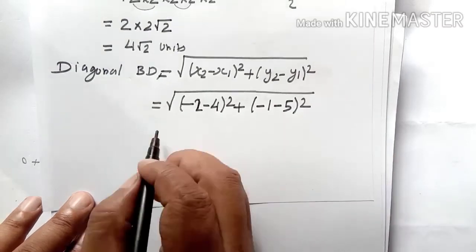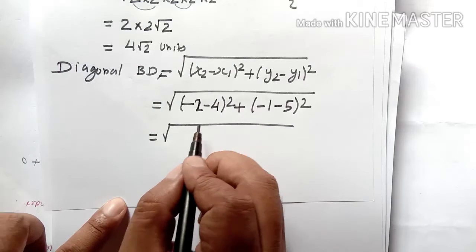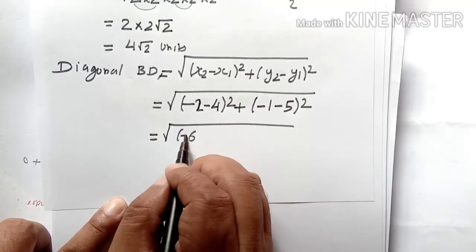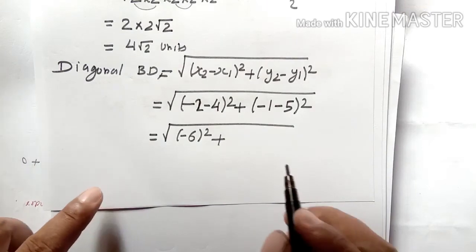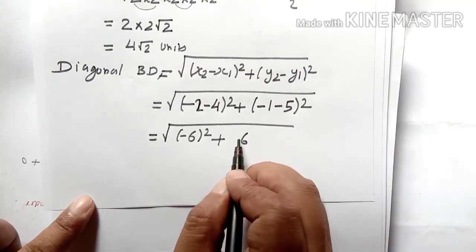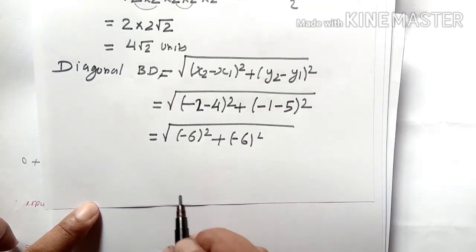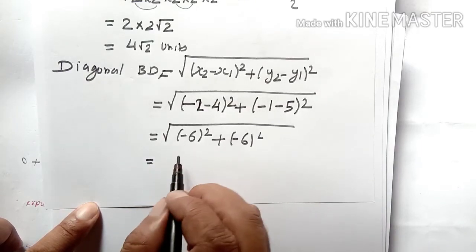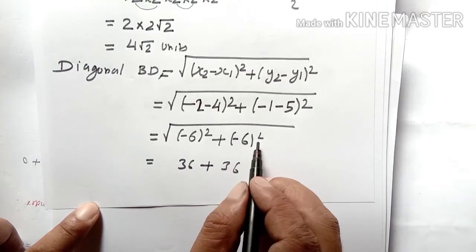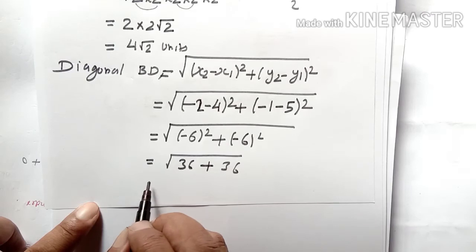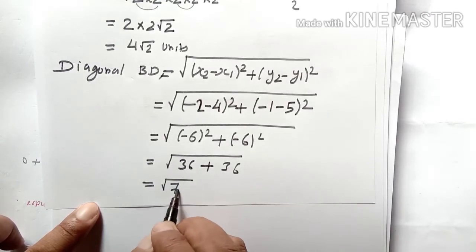That gives the square root of (-6) the whole square plus (-6) the whole square. Since the power is even, 6 squared gives 36, and again 36, so it gives positive 36 plus 36 equals 72.